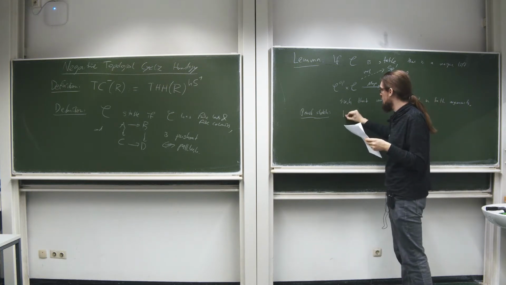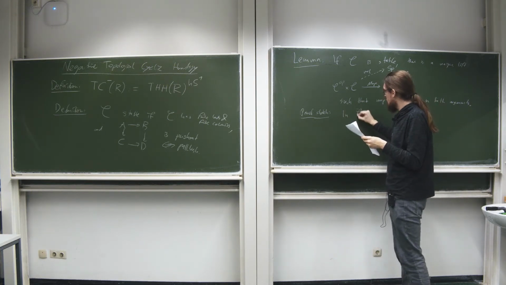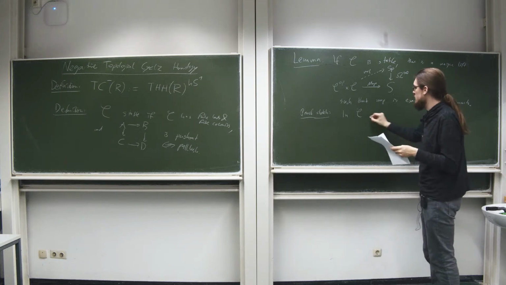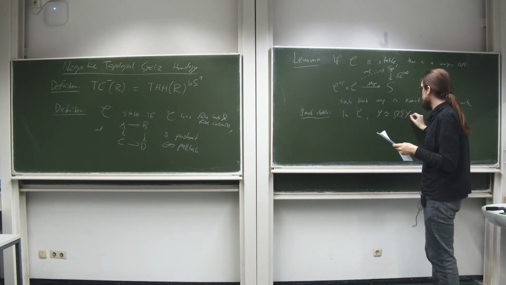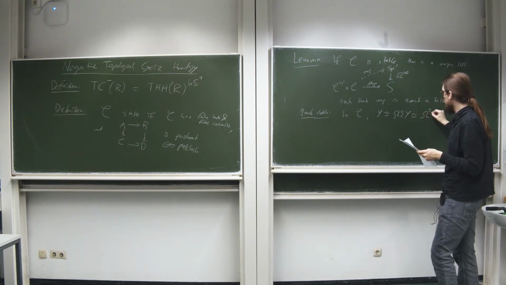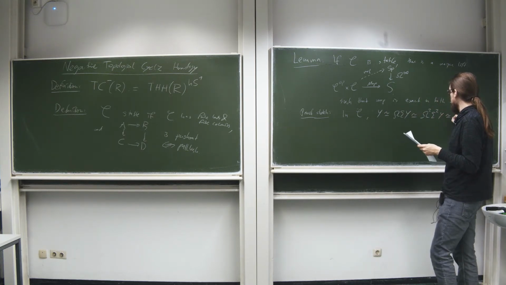And here the observation is simply, in this stable infinity category C, we can write an object as loops of its suspension, as loops squared of its double suspension, and so on.